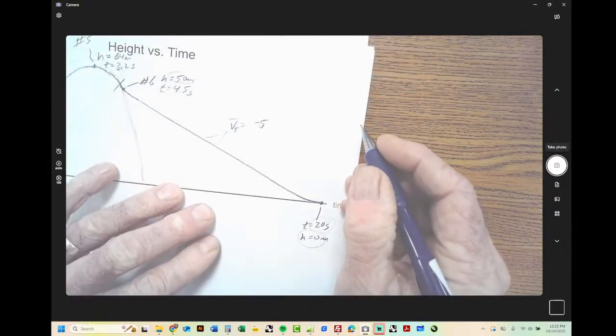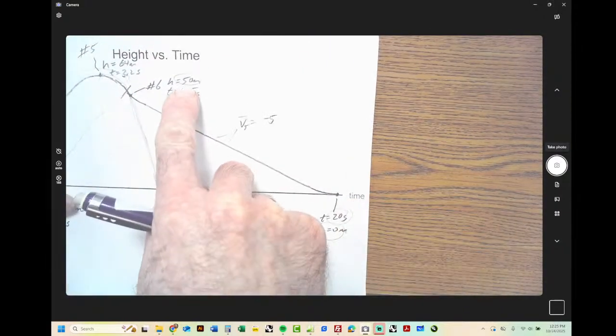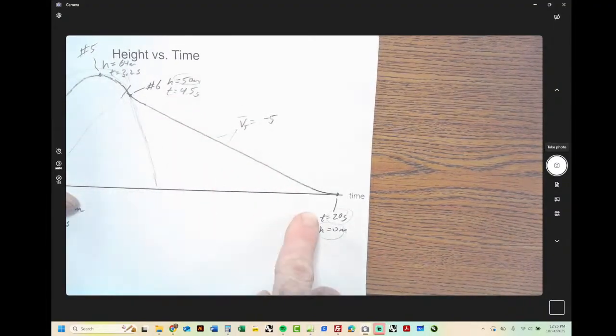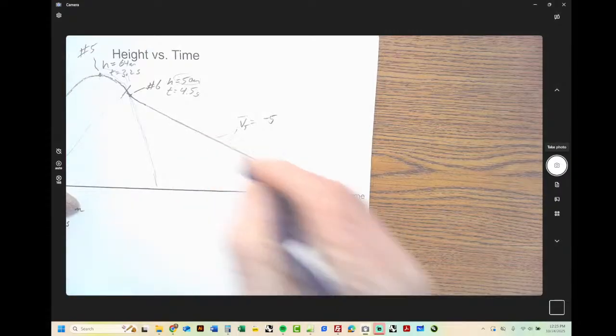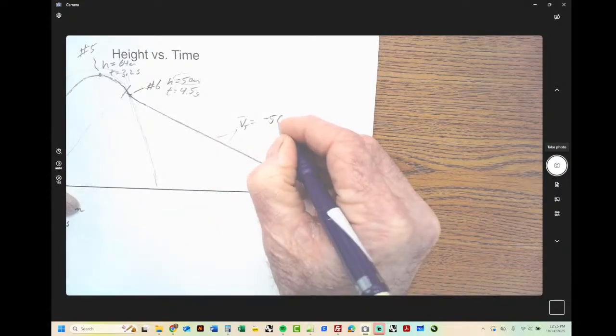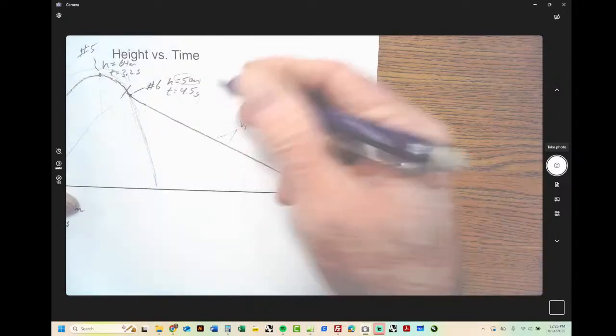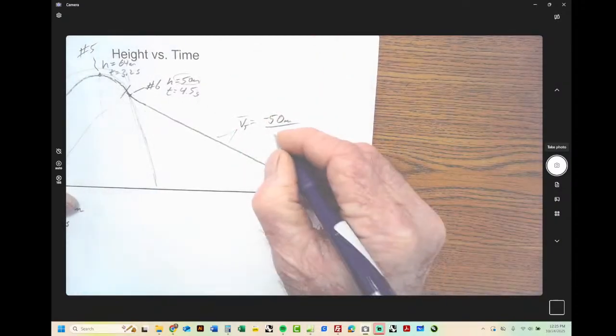Oops, sorry, you can't see what I'm doing. So I just said height went from 50 to 0, and the time went from 4.5 to 20. Then the average velocity for this, which would be the terminal velocity, is -50 meters divided by 20 minus 4.5, which is 15.5 seconds.